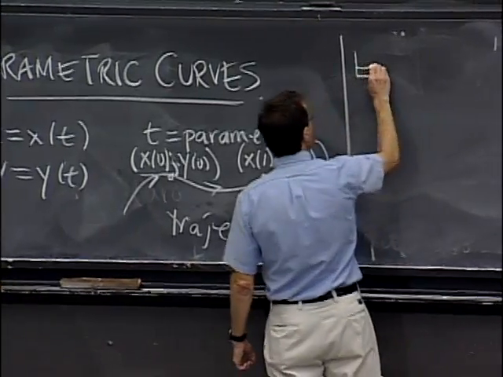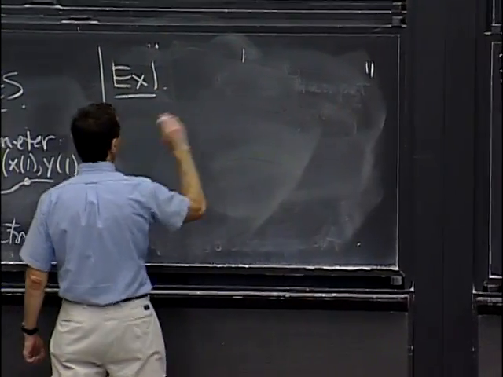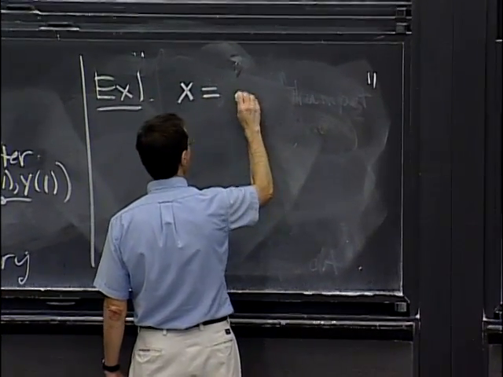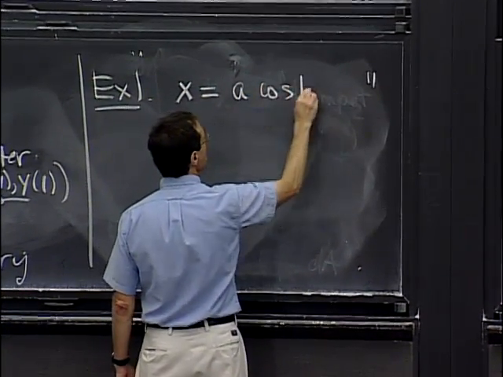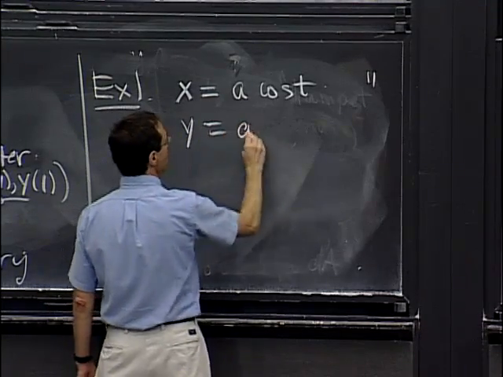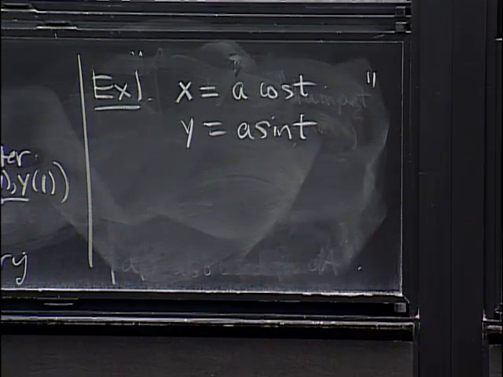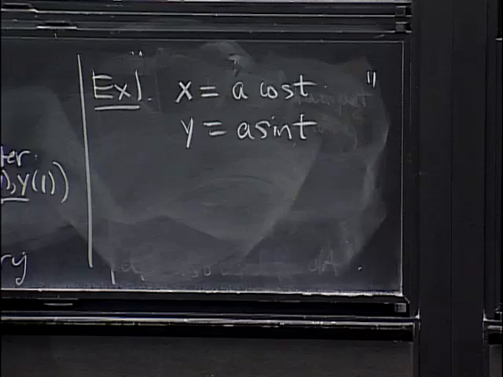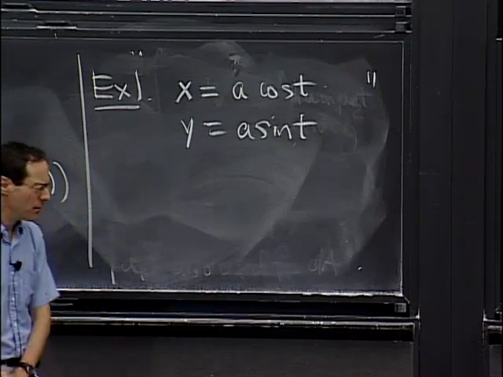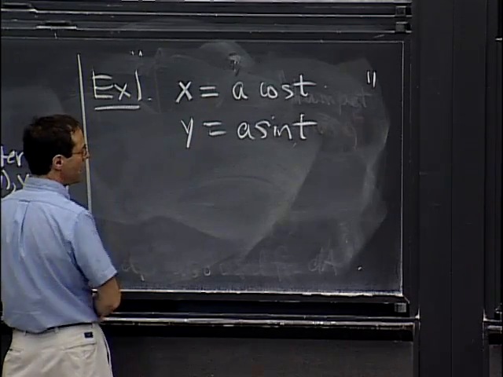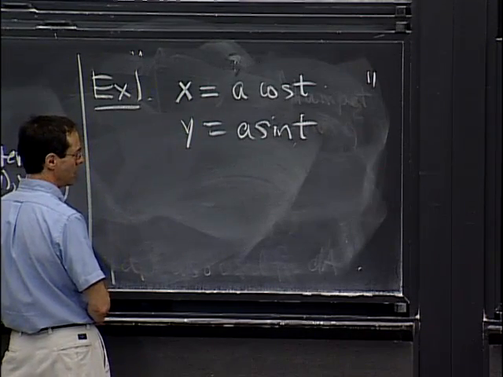Now, let me give you the first example, which is x is equal to a cosine t, y is equal to a sine t. The first thing to figure out is what kind of curve this is. To do that, we want to figure out what equation it satisfies in rectangular coordinates.